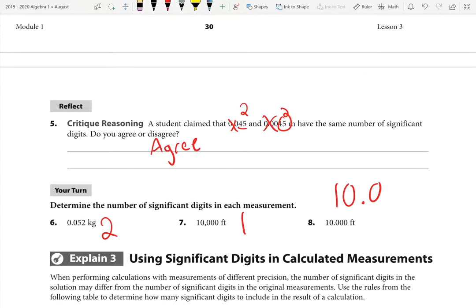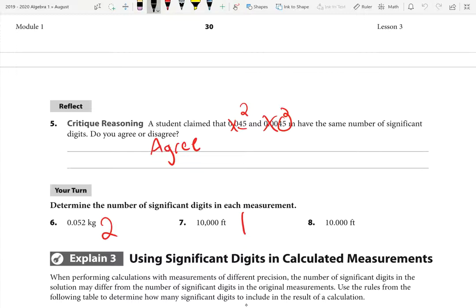So that's why here we have 10.000. You've got these zeros that do count because they're on the right side of the decimal. So therefore, all those digits will count in between. So that's all 5 of them would count.